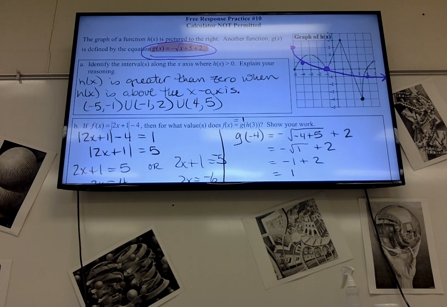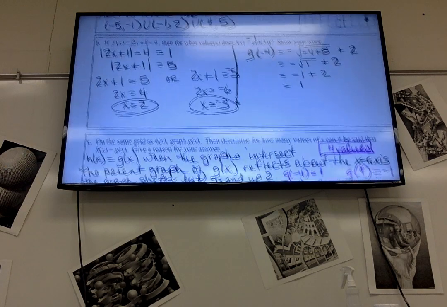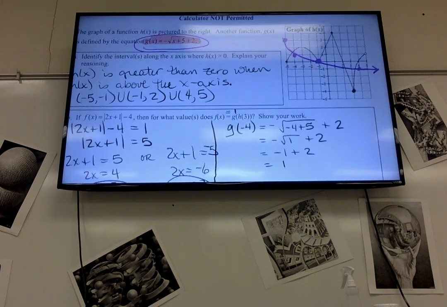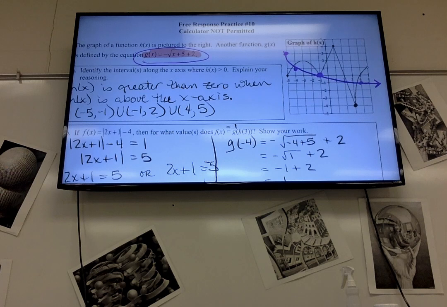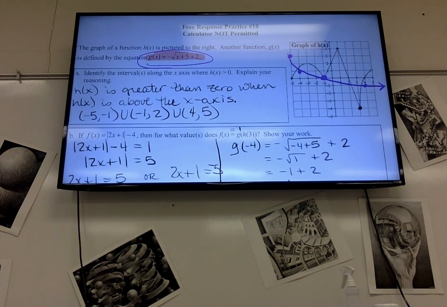It does pass the horizontal line test. Wouldn't the picture be of h of x? The picture, but the one I had to draw in for part C. Okay. Good question. Yes, you're absolutely right. The picture that's already there was h of x, but you can use anything that you've used in the other answers for this. Good question.